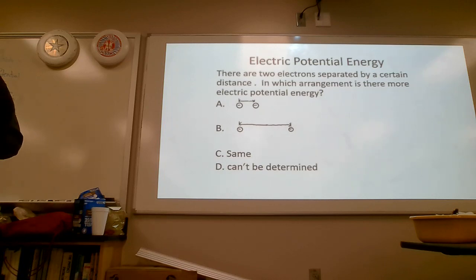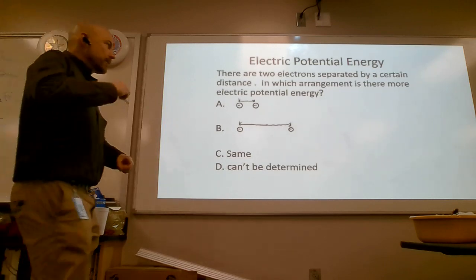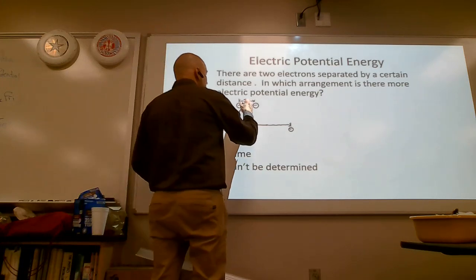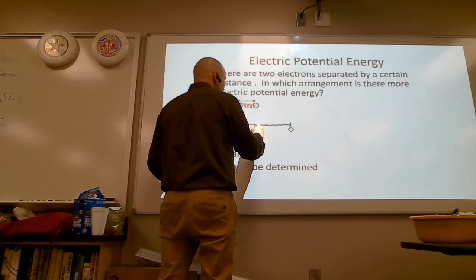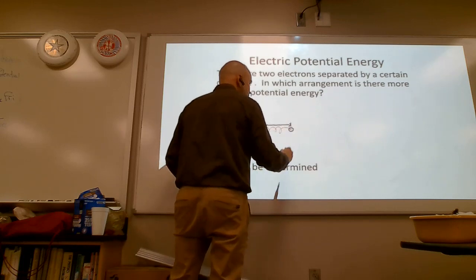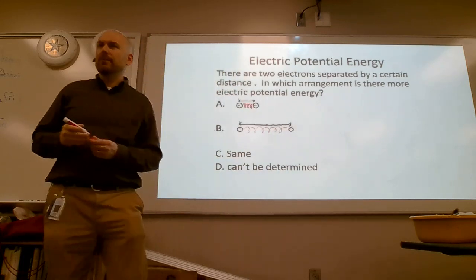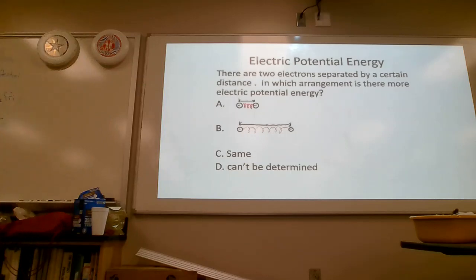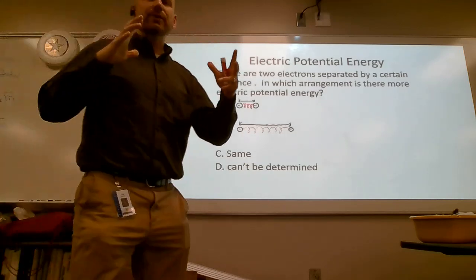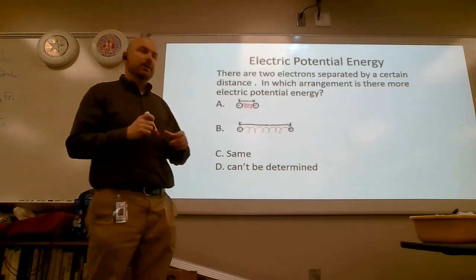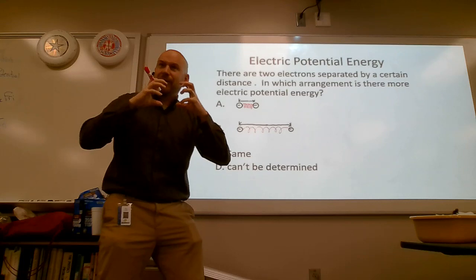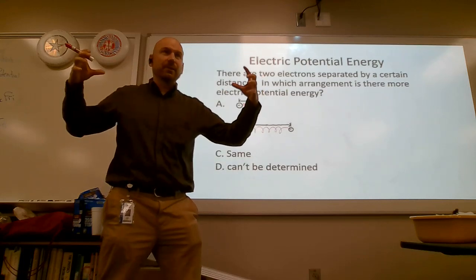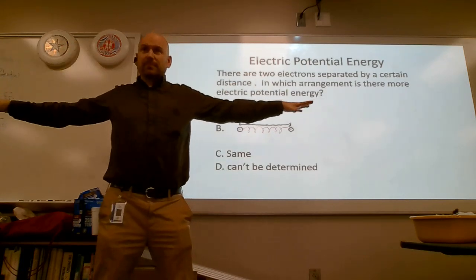Correct answer is A. The way that I think about it, let's pretend that there's a compression spring between the two. They want to repel, and so you're squishing them together. Where's there more potential energy? There's a lot of energy there versus here, because they want to go.